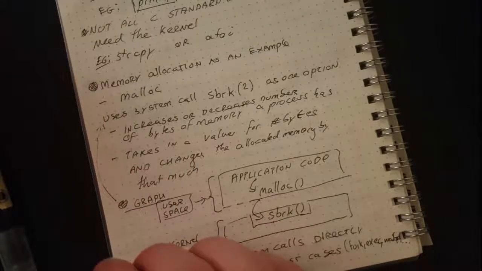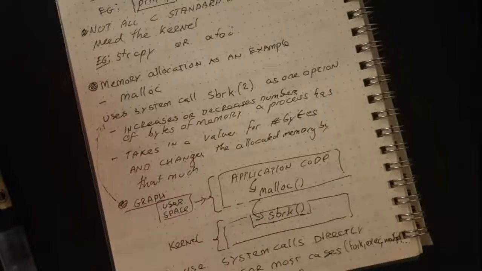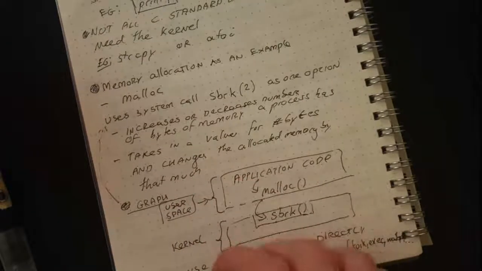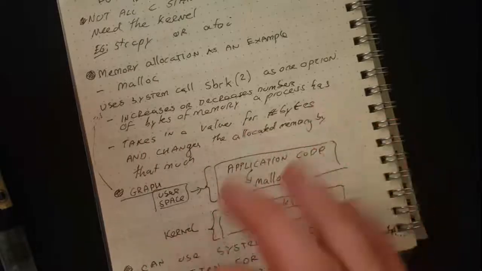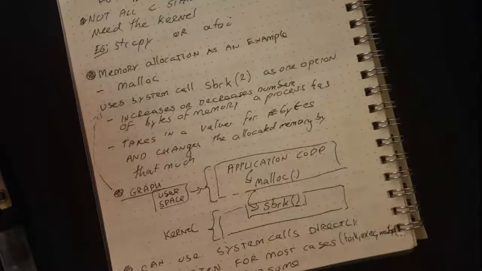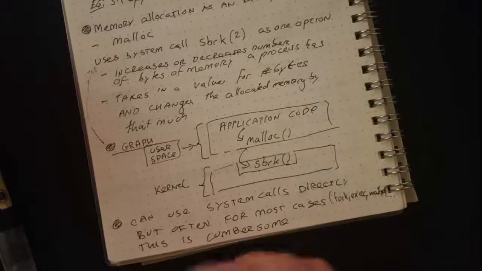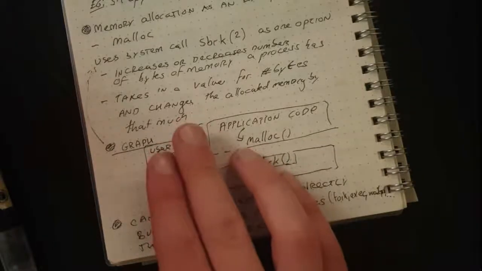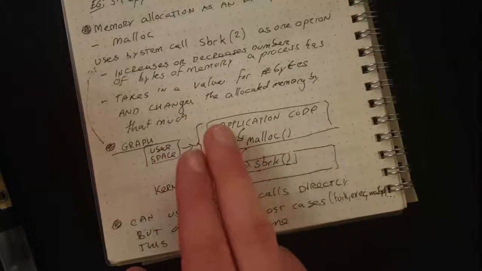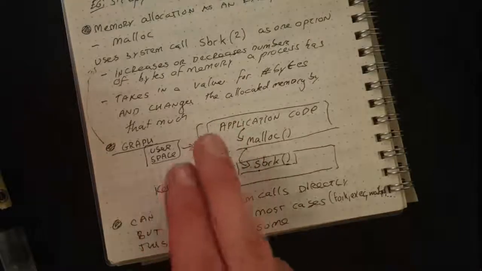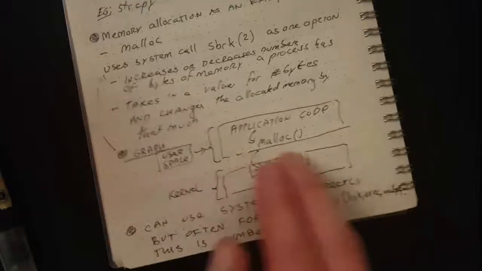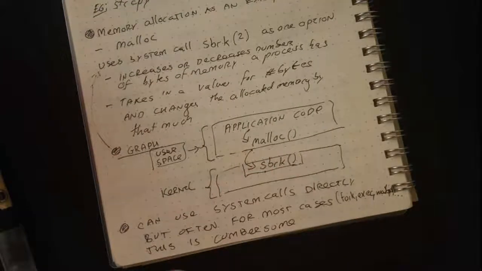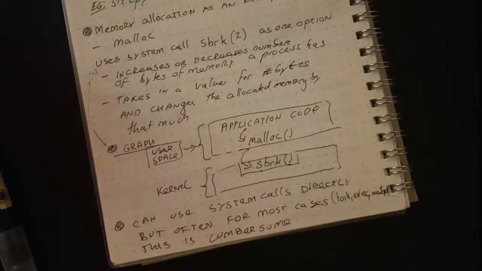Though in other cases you want different memory allocation, and you can write your own form of malloc using SBRK if you would wish. And we looked at a quick graph that the application code invokes malloc, which invokes SBRK, which is run in the kernel and allocates the application more memory.